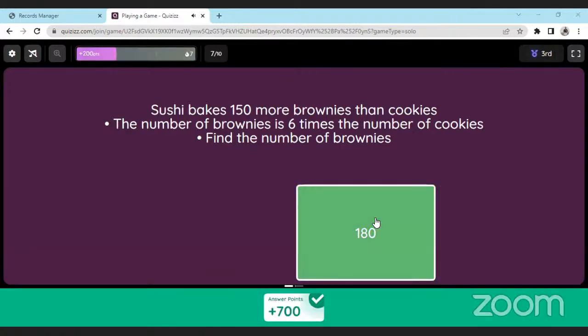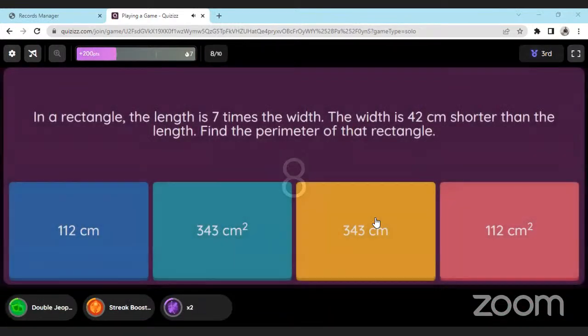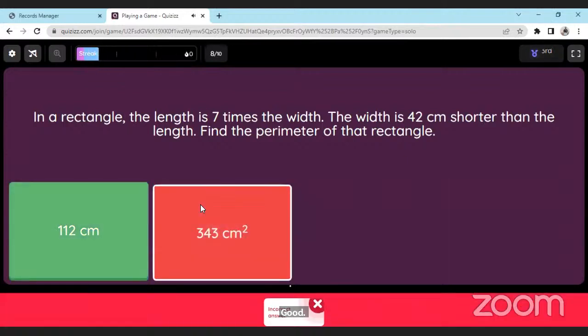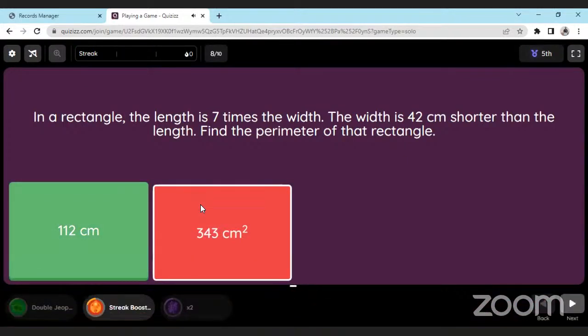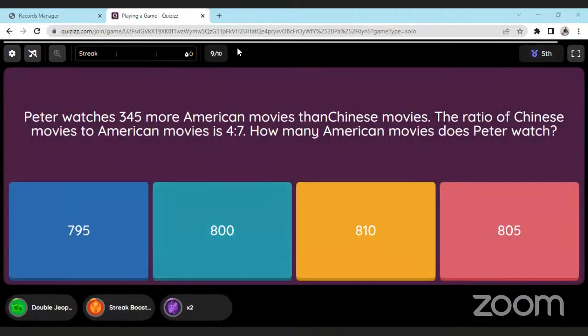Good. Oh, sorry, I just misclicked it to scroll down. We'll do that question again. I'll just take that question again for you. There's no back button. I'll just get you the question again.